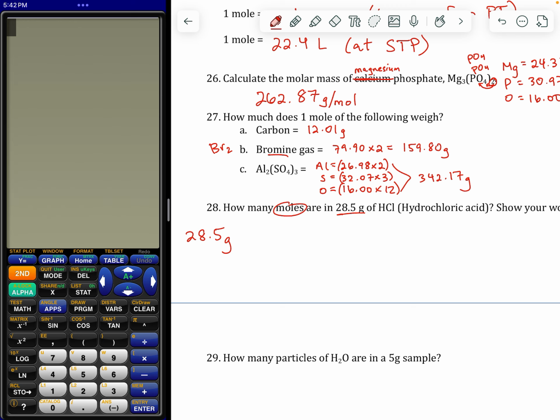So if we were working with bromine gas, my molar mass would be 159.80 grams. But in this case, I'm working with hydrochloric acid, which means I have to figure out the molar mass of hydrochloric acid. It's going to be hydrogen and chlorine, 1.01, 35.45, and add those together, and I should end up with 36.46 grams per mole.